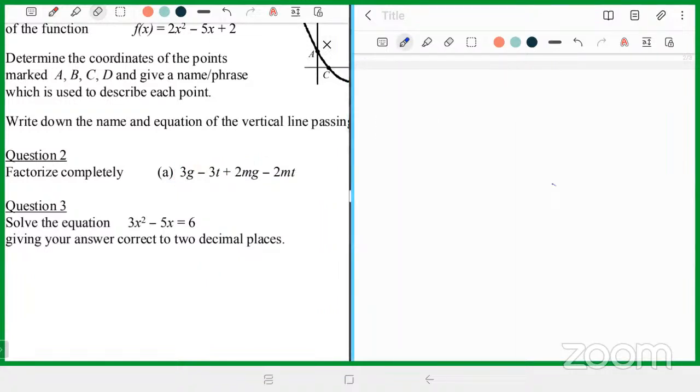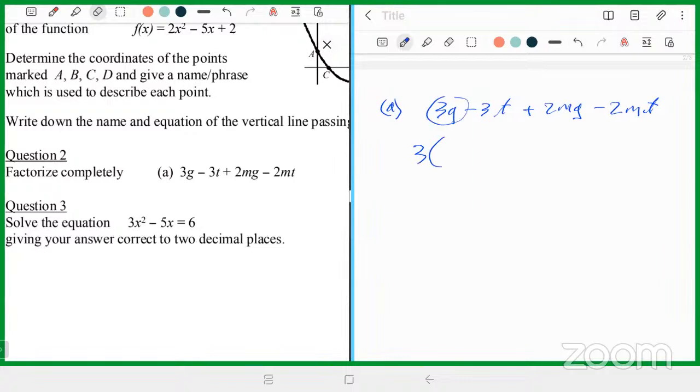So I have 3g minus 3t plus 2mg minus 2mt. I'm going to use a process where I ensure that I have the same thing in the 2 brackets, so I can get a 3rd line in the factorization. The highest common factor in these 2 terms is 3.